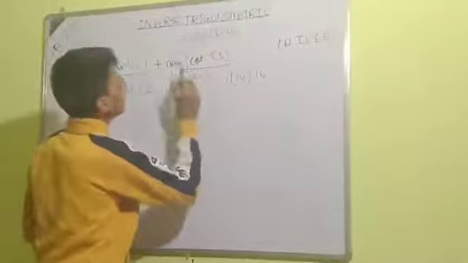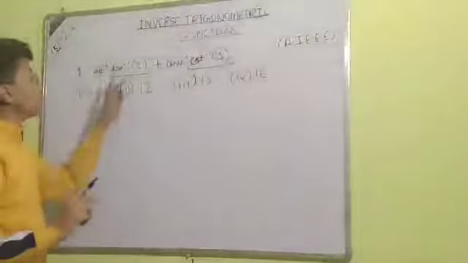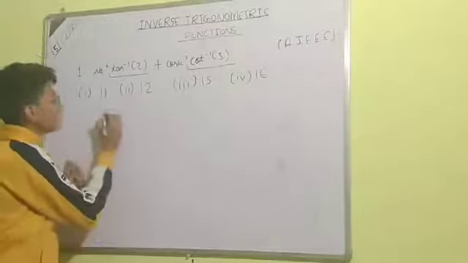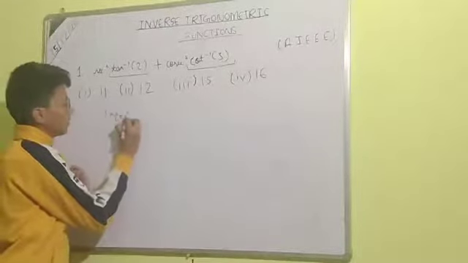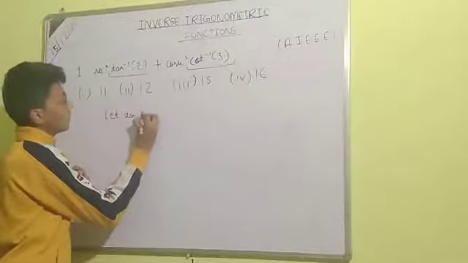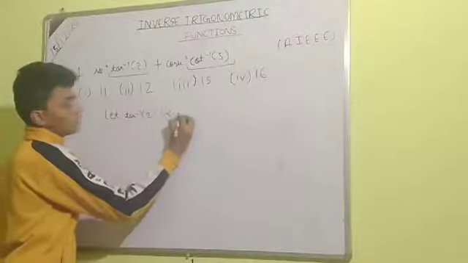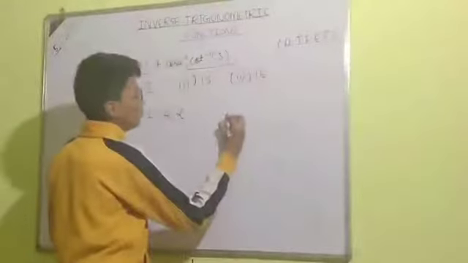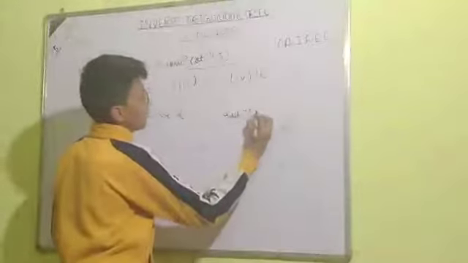we assume these two inverse functions as other variables, such as, for this let it be alpha and let it be beta.